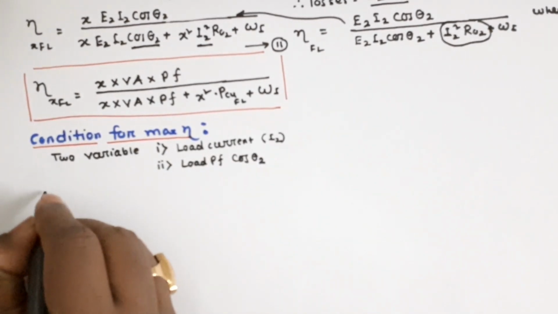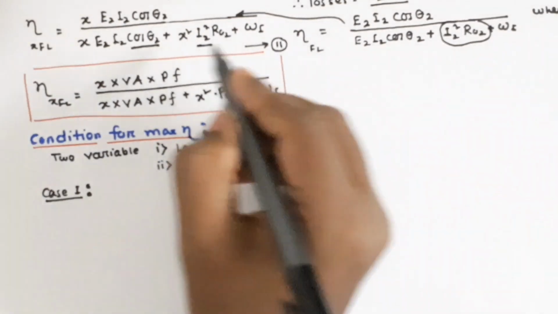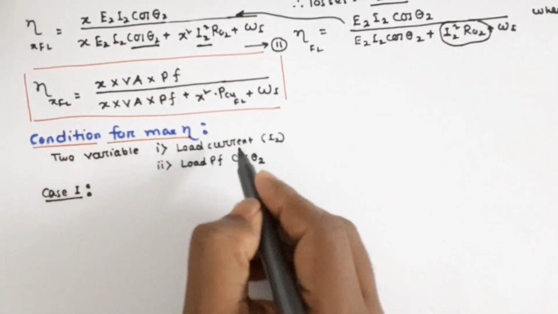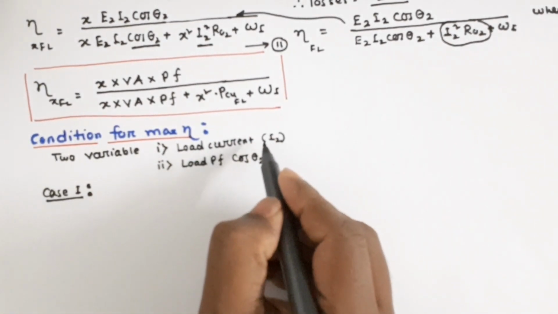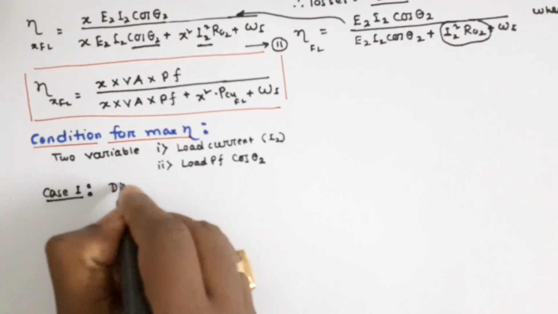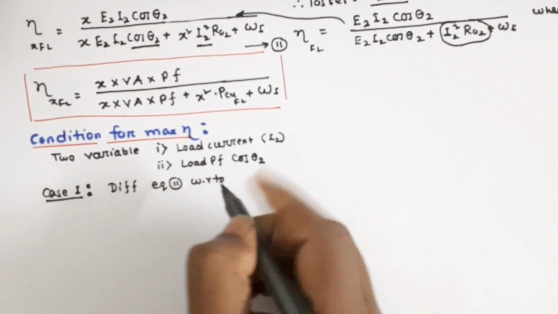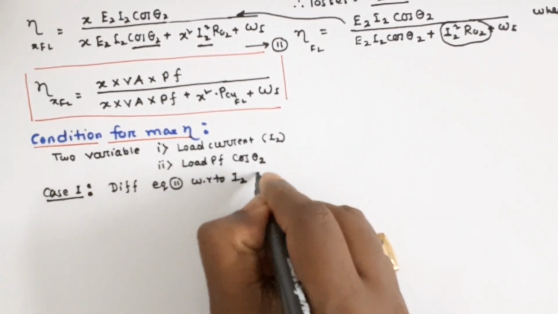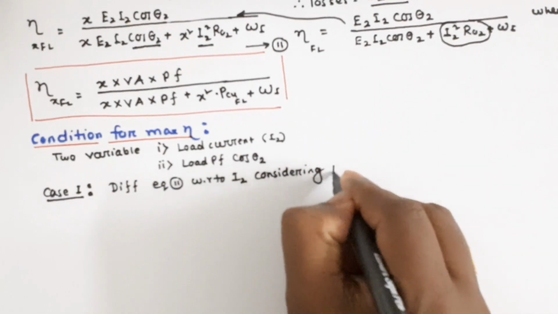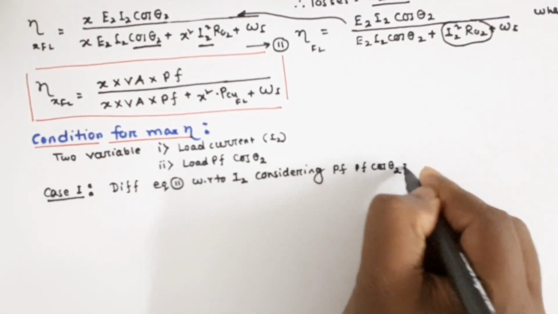First, case 1. In case 1, we will differentiate equation number 2 with respect to load current I2, considering the load power factor cos theta 2 constant.